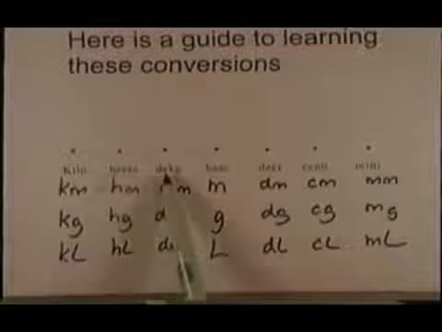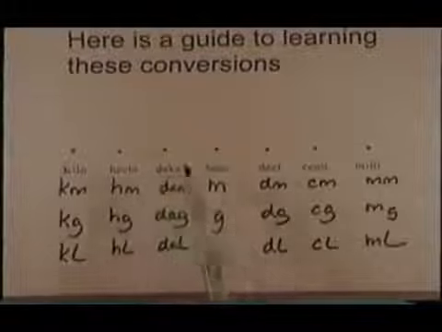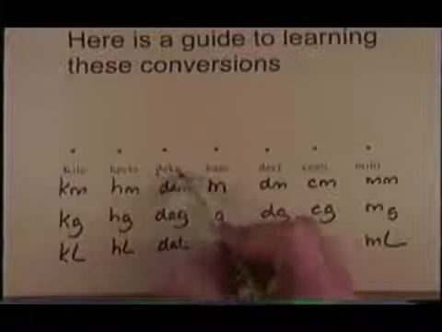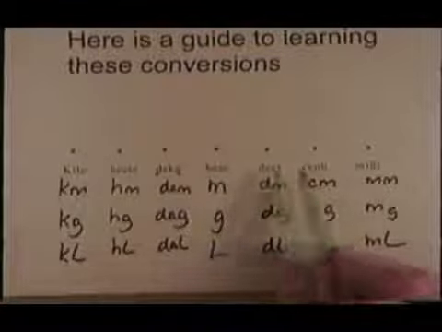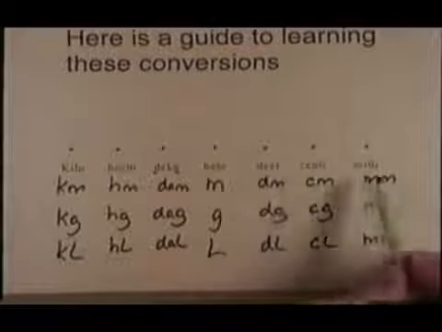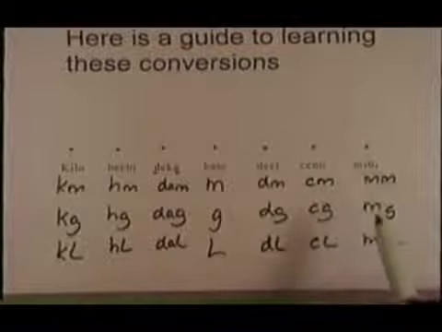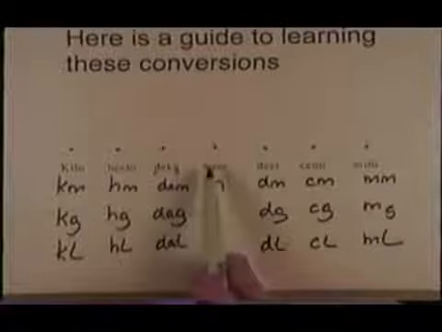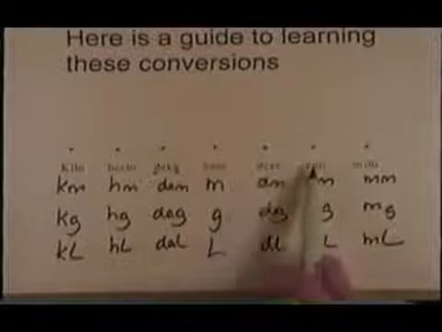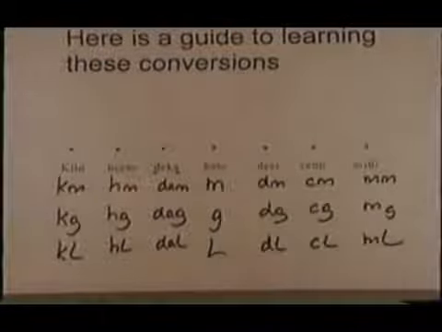Hector danced, remember DA is the prefix there. B for the base, before, drinking, D for deci, chocolate, C for centi, milk, M for milli. So it's King Hector danced before drinking chocolate milk.